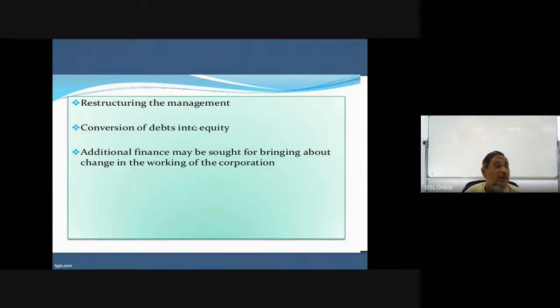Conversion of debt into equity. But normally, bank loans we are not going to convert into equity because banks will not do that. But if the customer has external debts in his balance sheet, we can ask the customer to issue shares to those creditors, the liabilities, and the loan.